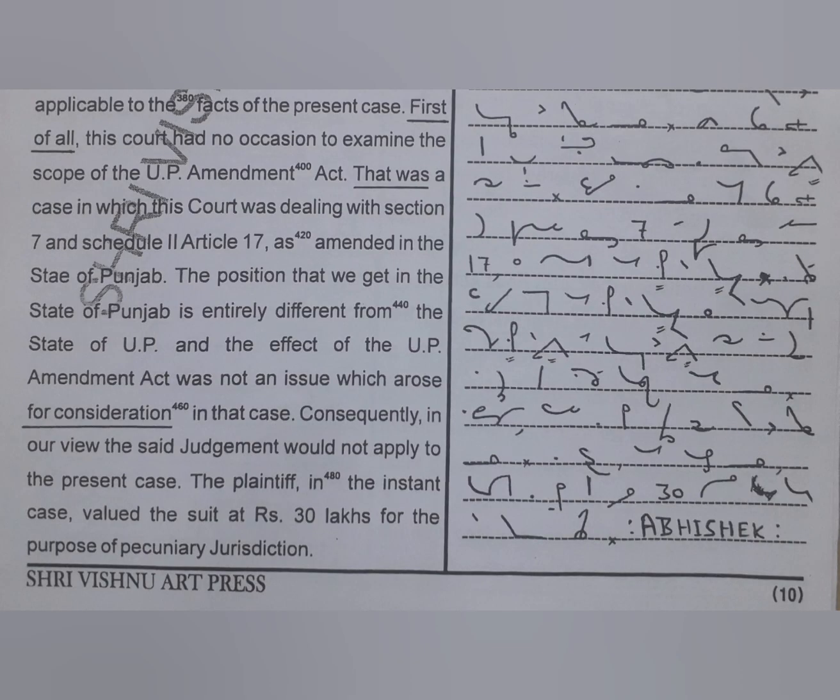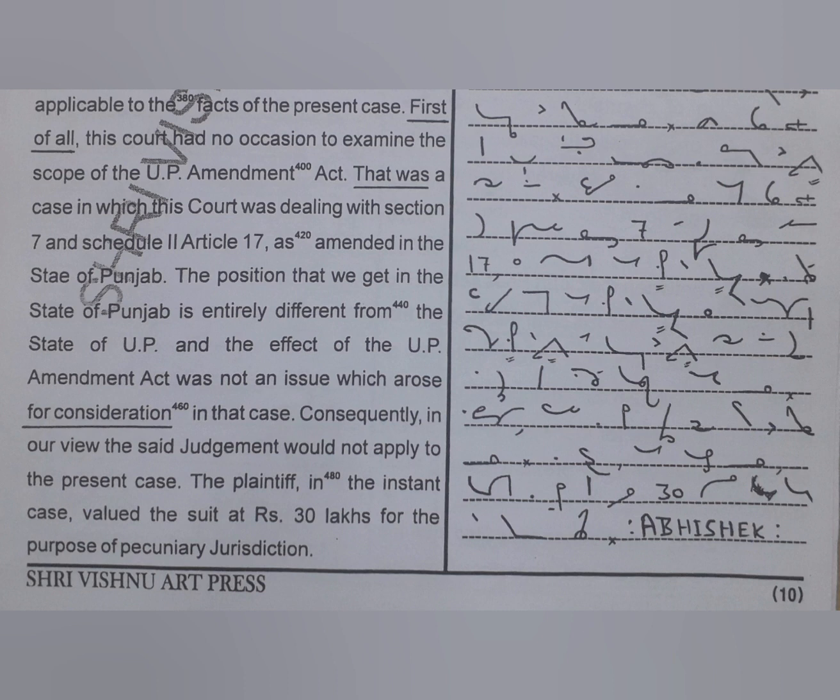First of all, this court had no occasion to examine the scope of the UP Amendment Act. That was a case in which this court was dealing with Section 7 and Schedule 2nd, Article 17 as amended in the state of Punjab.